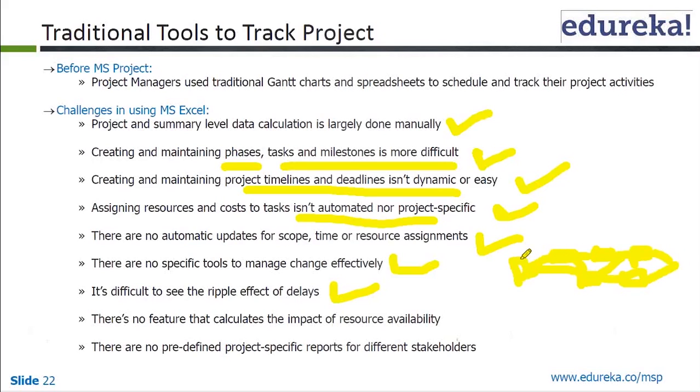This is the start and this is the end date, and what the critical path method is going to do is essentially tell you whether a task is lying on the critical path or not.